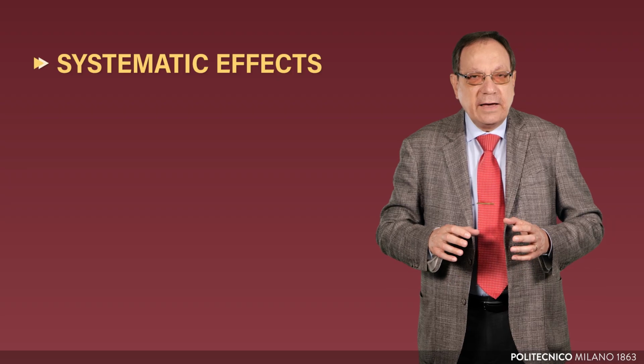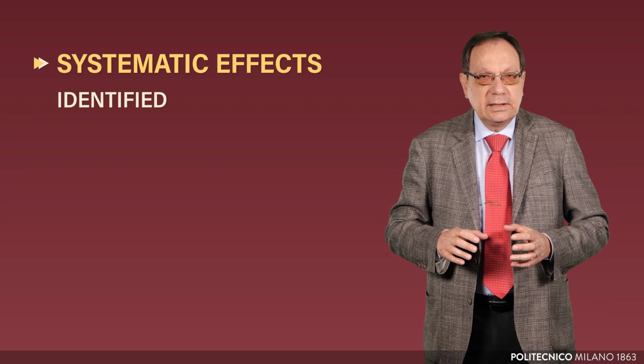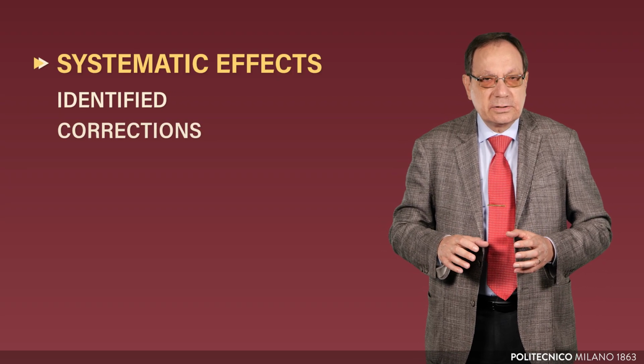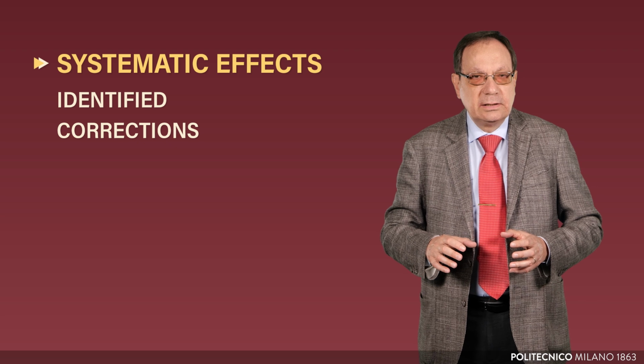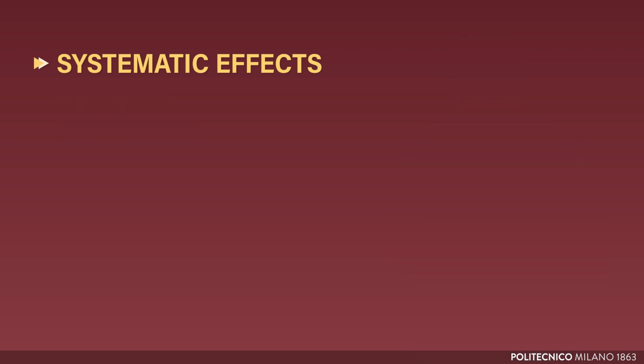And once again, the GUM helps us, although it rests on a quite strong assumption. In fact, it assumes that all error components due to systematic effects have been identified and that the necessary corrections have already been made. What are the systematic effects?